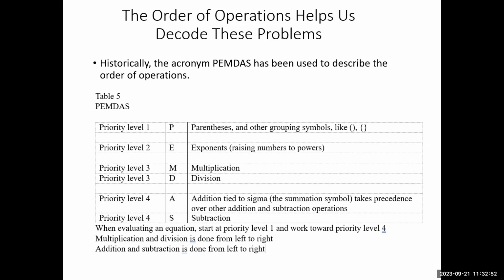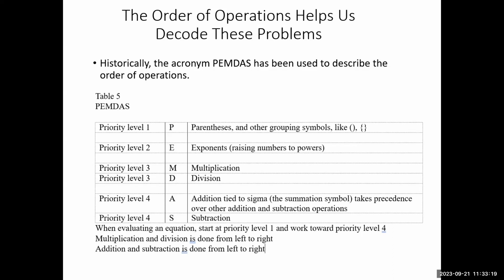At priority level 1, which is our top priority, we've got parentheses and other grouping symbols. At priority level 2, we've got exponents, or raising numbers to powers. On the prior slides, we squared some values, so we're already working with exponents. At priority level 3, we have both multiplication and division. And at priority level 4, we have both addition and subtraction.